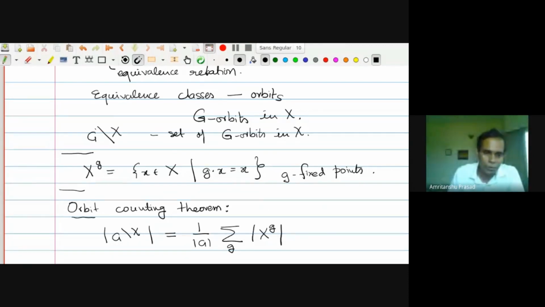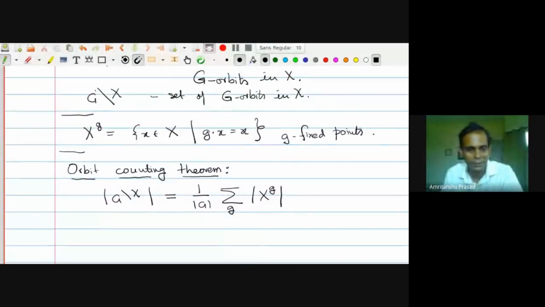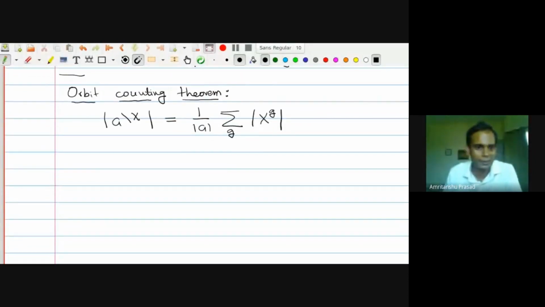So there are many proofs of this, including proofs which are perhaps more intuitive. I'm going to give you a proof which uses ideas from representation theory, because I have a soft corner for representation theory. I've spent many years doing representation theory.